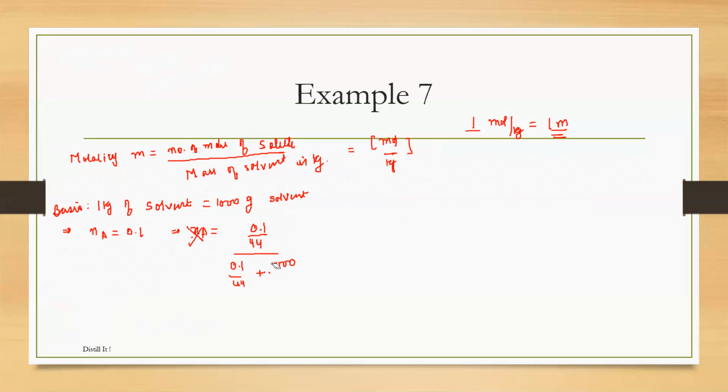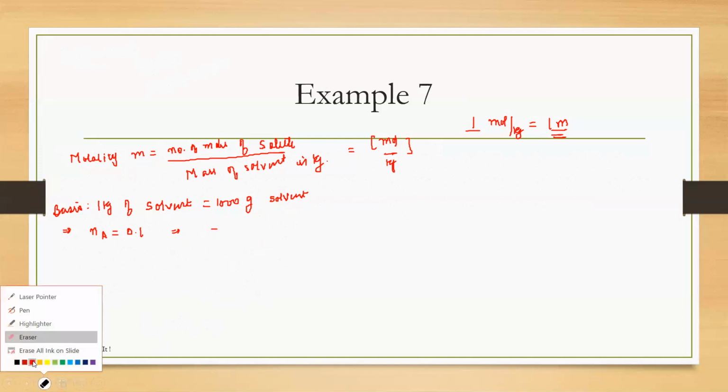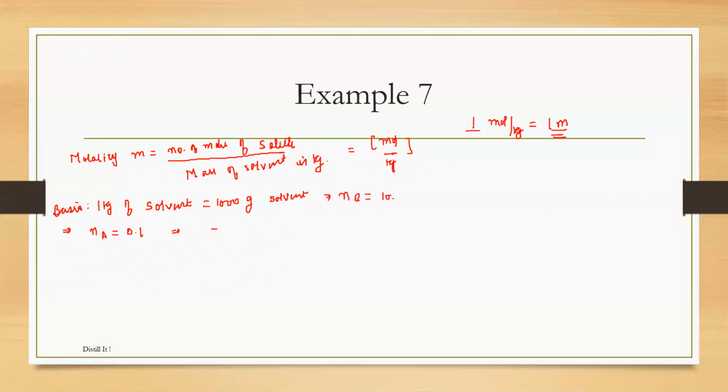Here, we are not going to calculate it this way. For mole fraction, we don't need moles of A. We already have it, 0.1. We don't need to divide it by the molecular weight. We have 1000 grams of solvent, so we will get number of moles of solvent as 1000 by 18.